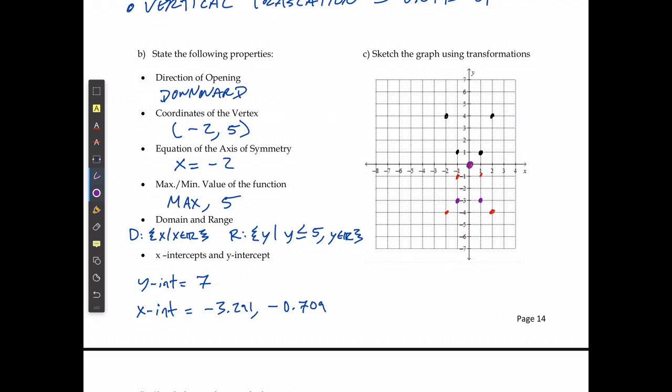And these ones are actually going to shoot off the graph. And then I'm going to move my points, like it says, where I'm going to wind up moving all these points 2 units to the left and then 5 units up. So I go left 2, up 5, and then take this point and go left 2 and up 5, left 2 up 5, left 2 up 5, and left 2 up 5. And then I'm going to draw what my graph looks like.